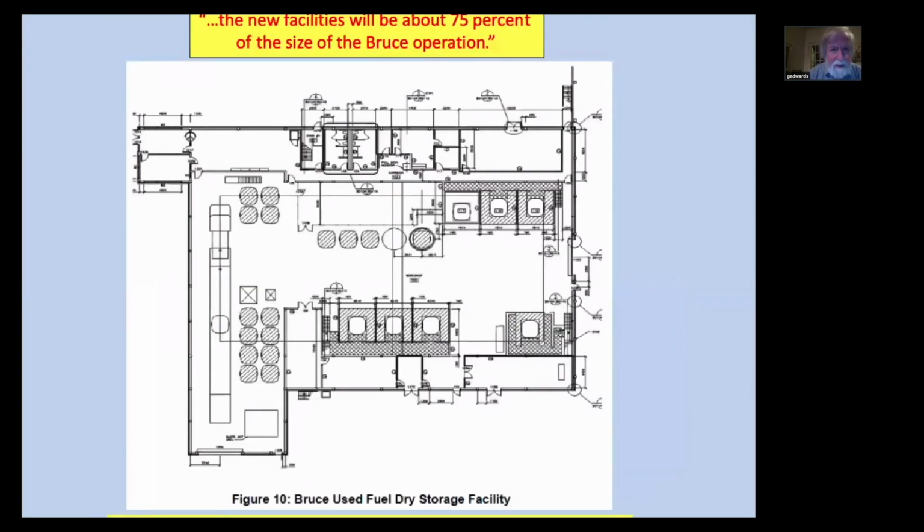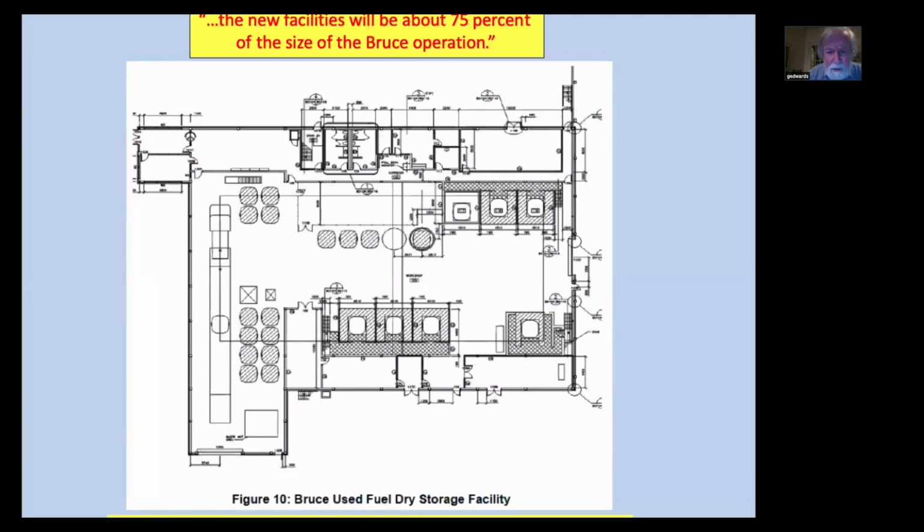Now, the size of the hot cell repackaging facility, according to the SNC-Lavalin report that I mentioned, would be about 75% of the size of the Bruce dry storage container operation, the building at Bruce that holds all the dry storage containers for stored used fuel.